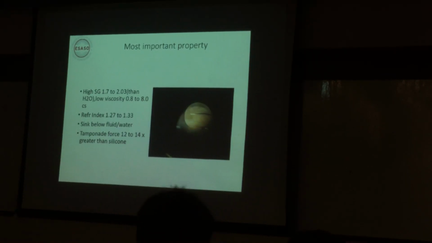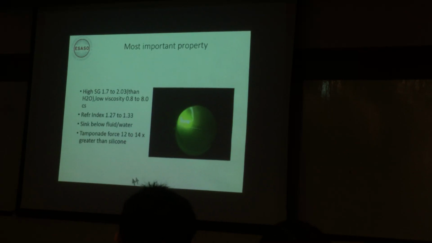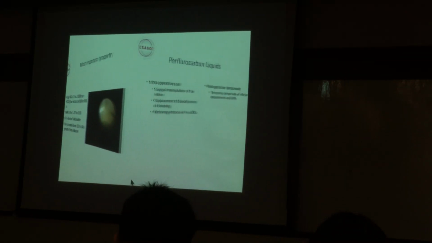And through it, you can see very clearly that you can perform laser photocoagulation to the edges of the retinal tear, as you have seen earlier. Because it has a great tamponade force, it will keep the retina attached, much greater than silicone oil.